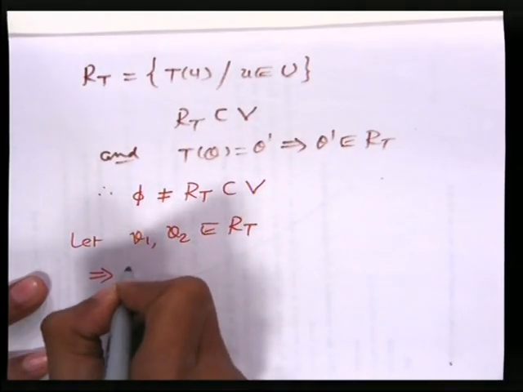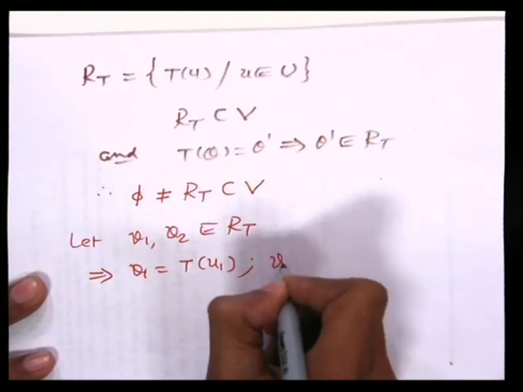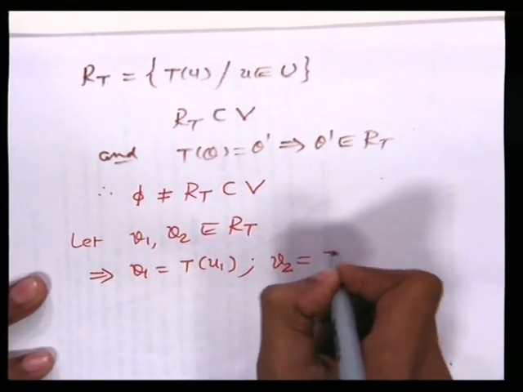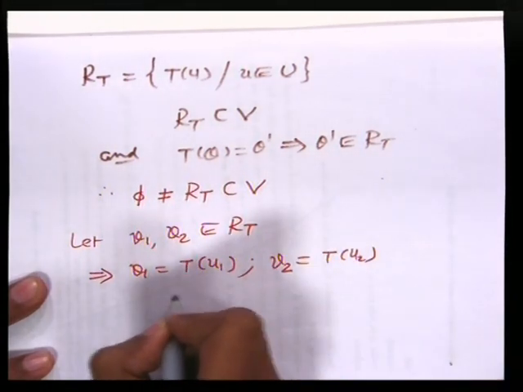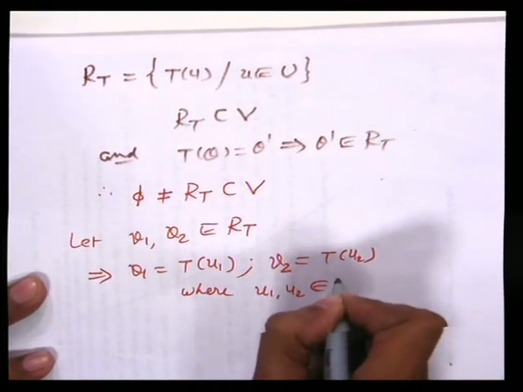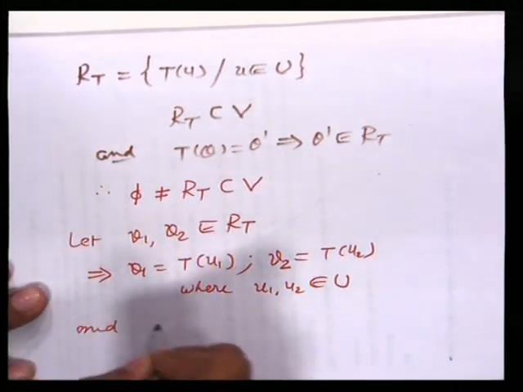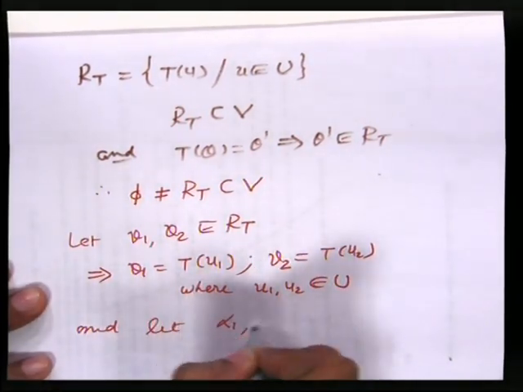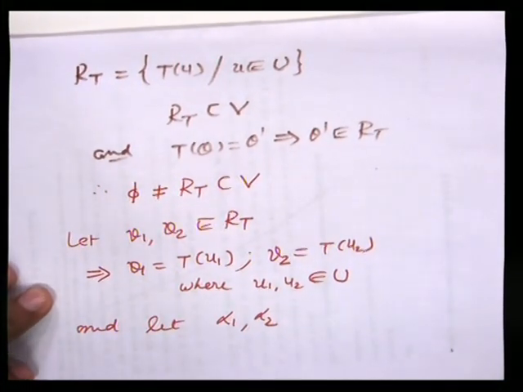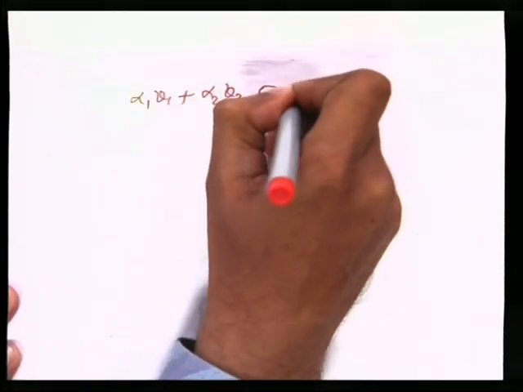This implies V1 is equal to some T of u1 and V2 is equal to some T of u2, where u1, u2 belong to U, and let alpha 1, alpha 2 be any two scalars. Now we show that alpha 1 V1 plus alpha 2 V2 belongs to RT.